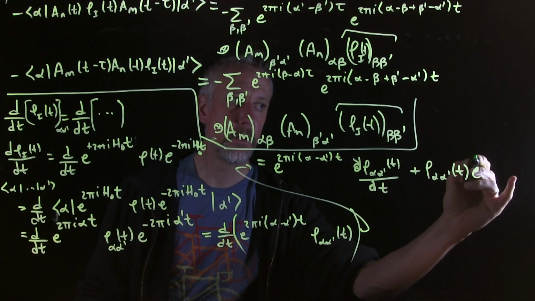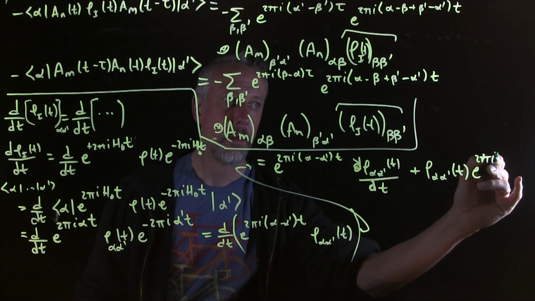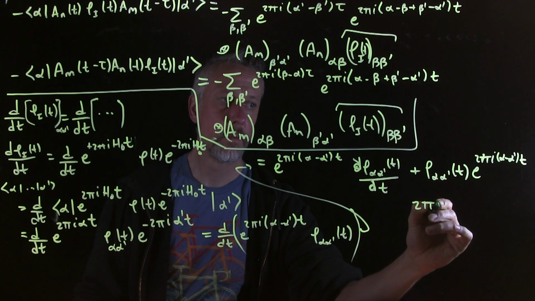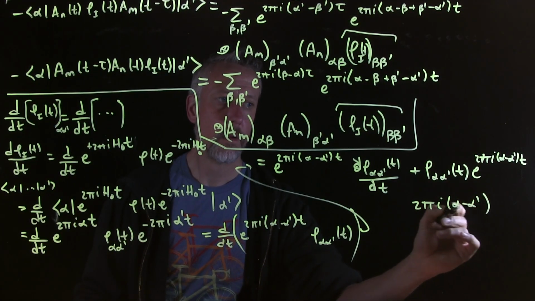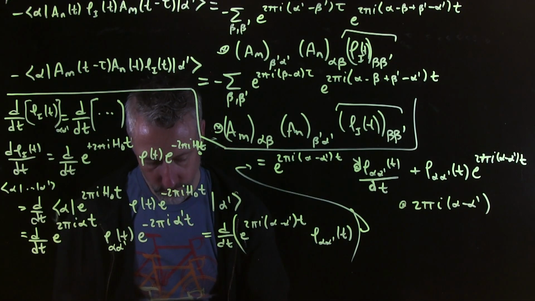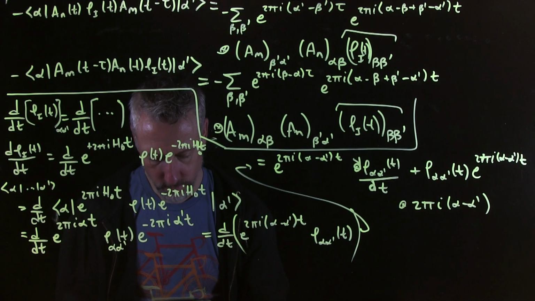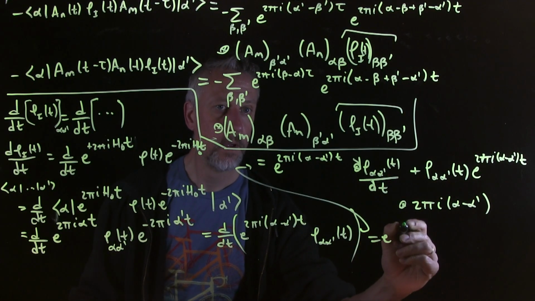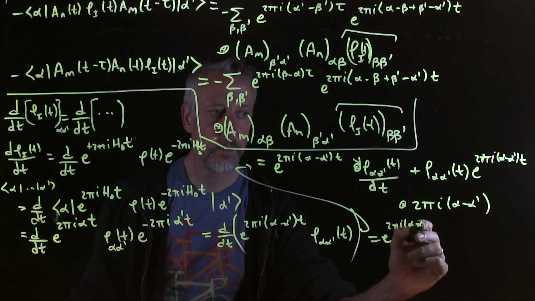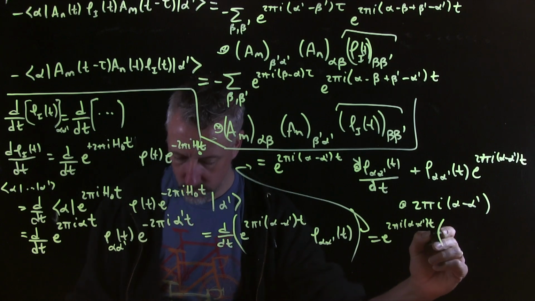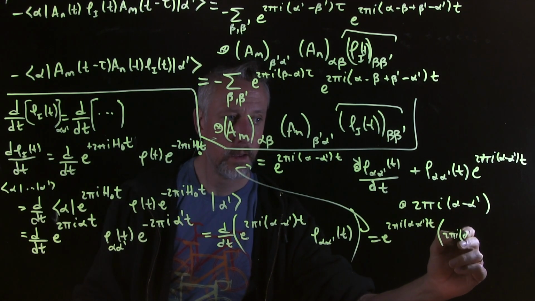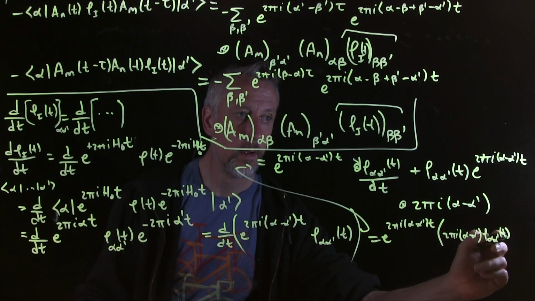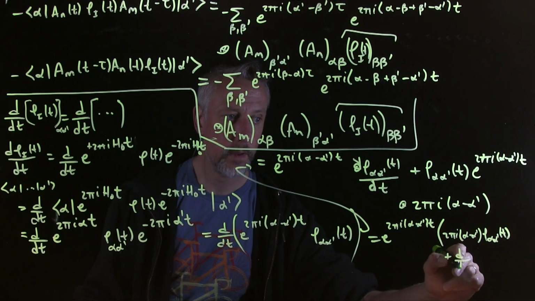All right, and then we get back e to the 2 pi I times the derivative upstairs, which gives us in total e to the 2 pi I alpha minus alpha primed t, times 2 pi I alpha minus alpha primed, rho alpha alpha primed, plus this derivative.